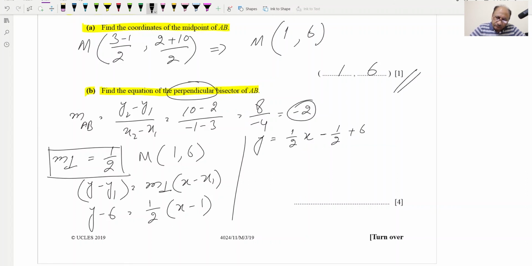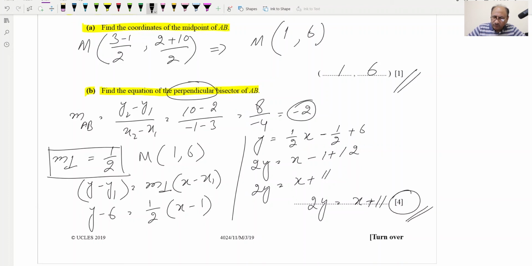This one we can multiply everything by 2 to get rid of this denominator, so we can write 2y is equal to x minus 1 plus 12, and minus 1 plus 12 will be 11. So our final answer is 2y is equal to x plus 11.